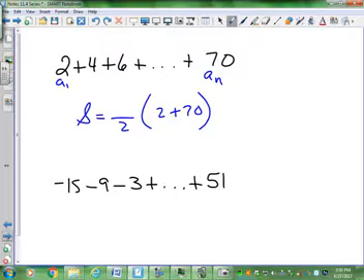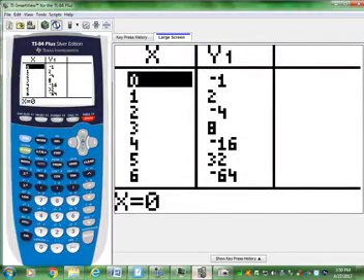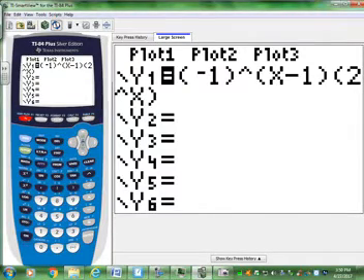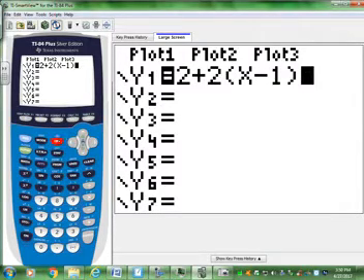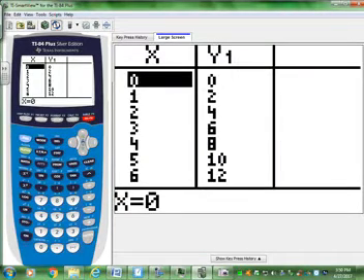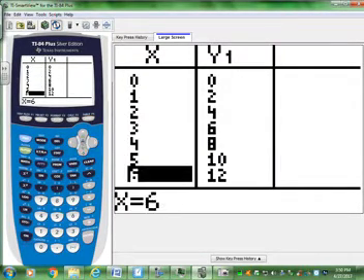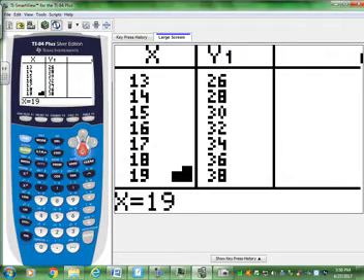So first I got to make my A sub n formula. A sub n equals 2. They're going up by 2, so 2n minus 1. And I can go and plug that in the calculator. And y equals, without working it out, 2 plus 2 parentheses x minus 1 parentheses, and I take off the rest of that stuff, and I go to table, and I go down until I find 70.